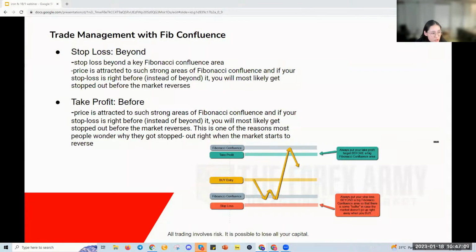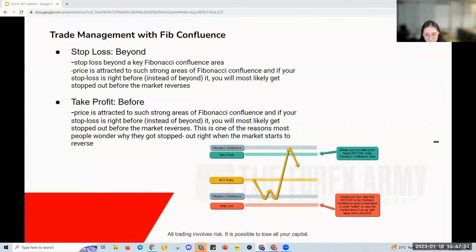So your take profit should always be before your Fibonacci confluence. I see the slides are slightly incorrect, but for take profit, it should always be before the key Fibonacci confluence area.